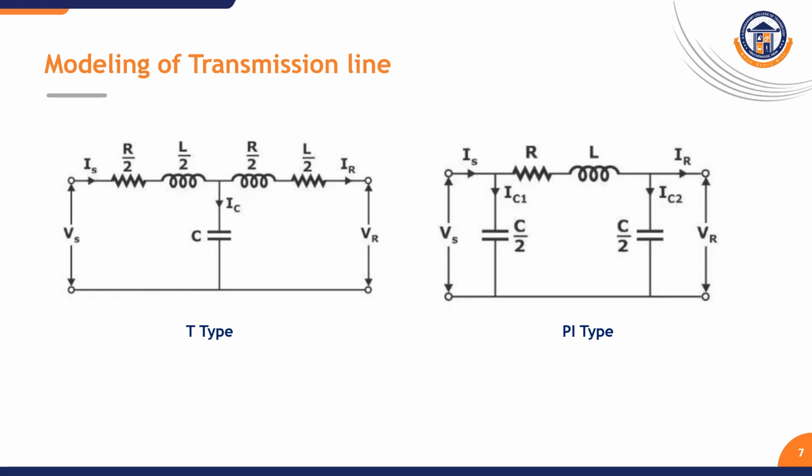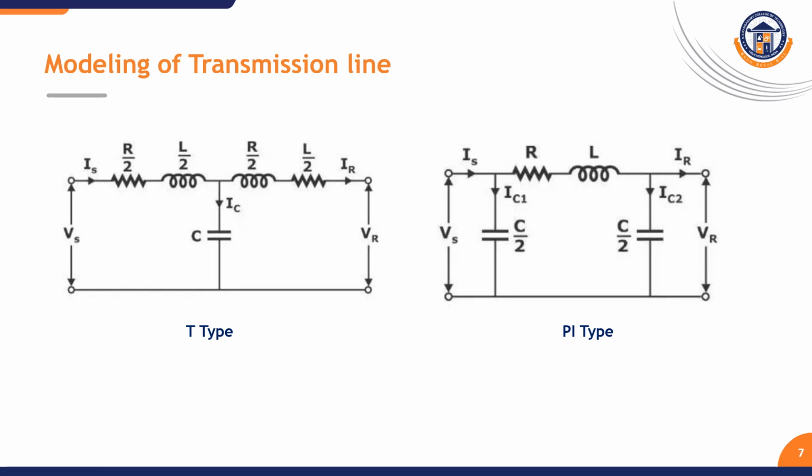So it is represented as R by 2 and L by 2 on the sending end, and again R by 2 and L by 2 on the receiving end side. The current IS flows from the sending end, and the receiving end current flows to the receiving end side. This is the T type representation of transmission line modeling.